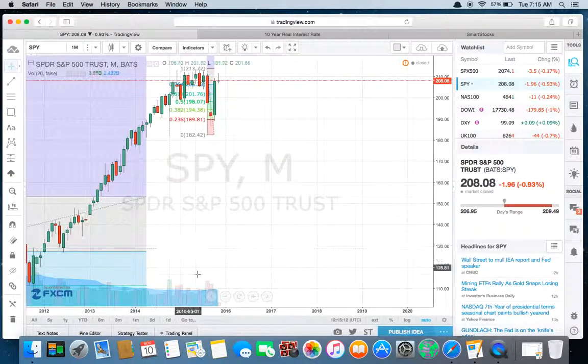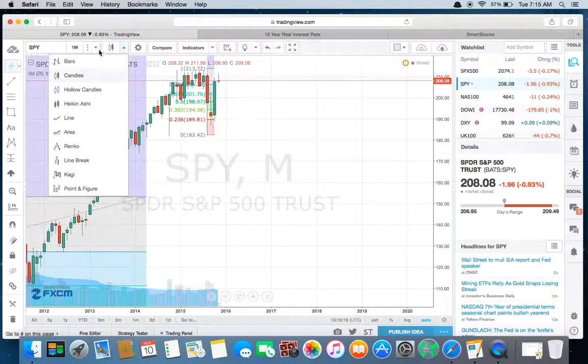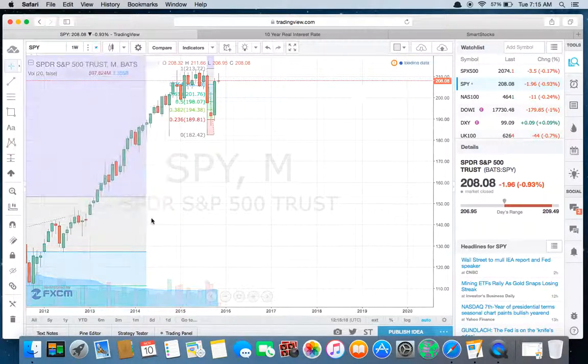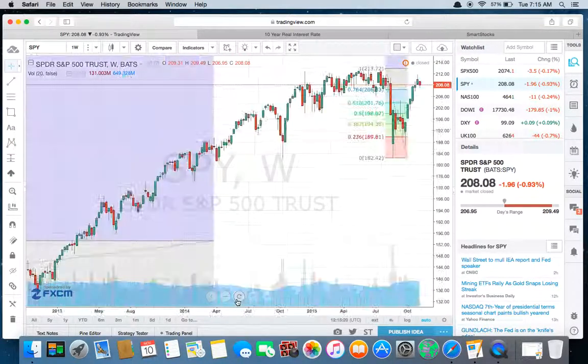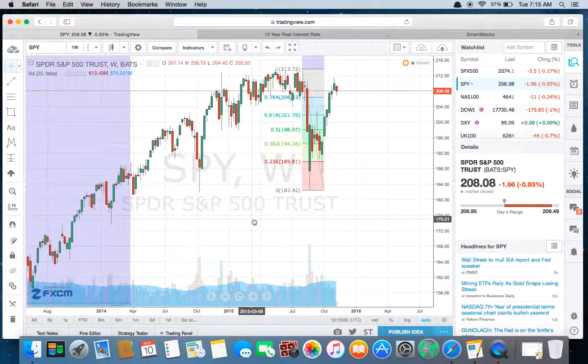So if we take an even closer look at the weekly, the levels I'd be watching for are 201.76 and 198.07. This price span over here is where, if you're lucky enough and you haven't participated to the upside, which believe me, a lot of people have not, that's the ideal entry point.